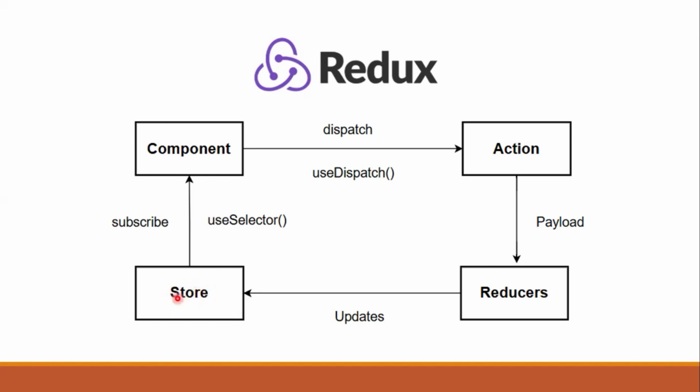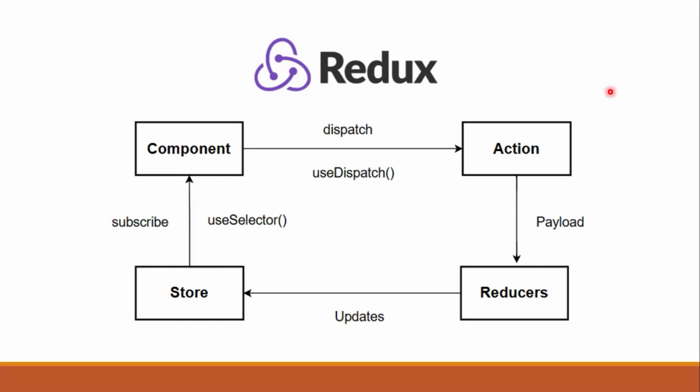Application state is read-only. That means there is only one way to modify the state, by dispatching an action, and only reducers are responsible for updating our store. And the third thing, reducers must be pure functions. That means they always return the same output for the same input.